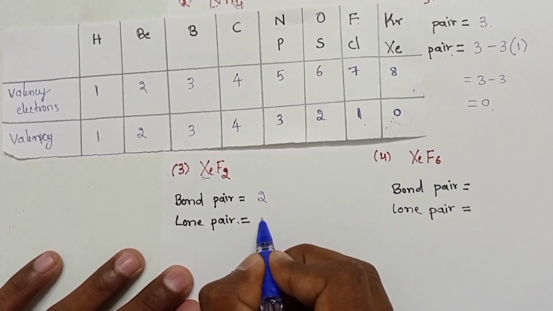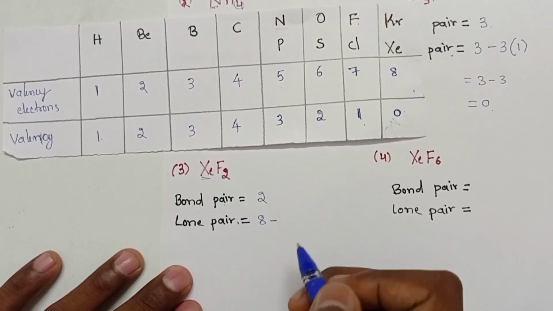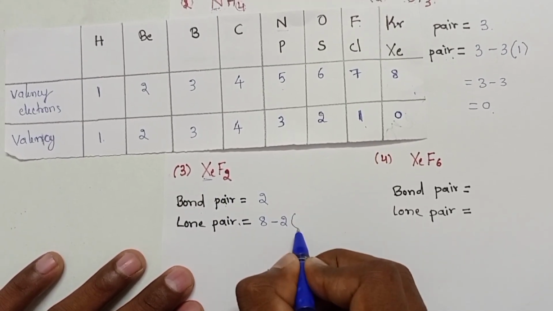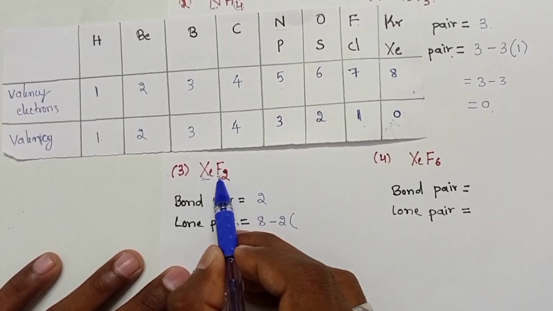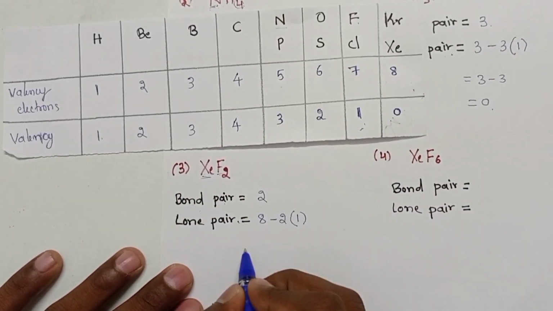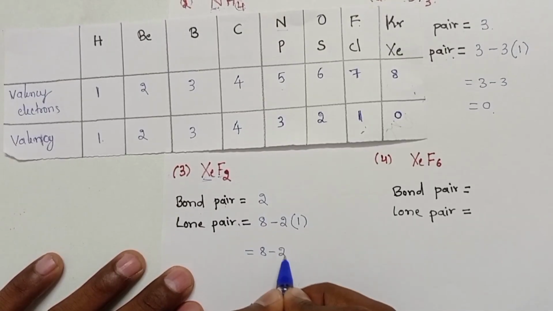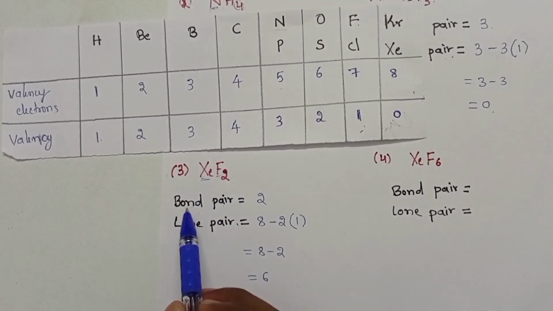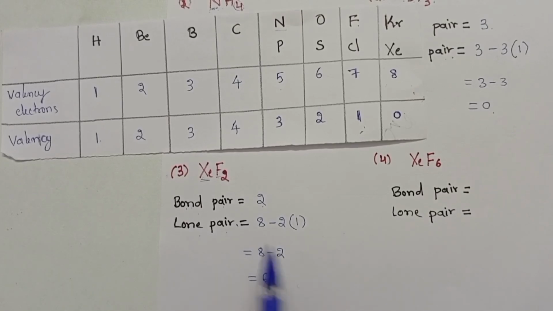So I will write 8 minus n, the number of surrounded atoms. How many? 2, into the valency of the surrounded atom. Fluorine valency is 1, therefore I will write 1. Therefore 8 minus 2 is equal to 6. In the XeF2 molecule the number of bond pairs is 2 and the number of lone pairs is 6.